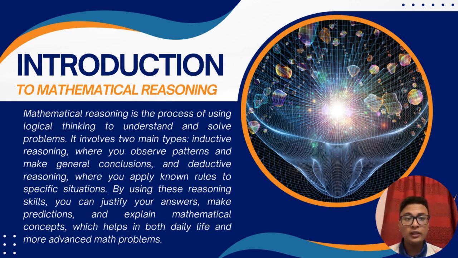For inductive reasoning, you observe a pattern and make a general conclusion, and for deductive reasoning, you apply known rules to a specific situation, which means you just use a formula that you know to solve some kind of problem. By using these reasoning skills, you can justify your answer, make a prediction and explain a mathematical concept, which helps in both daily life and more advanced maths problems.